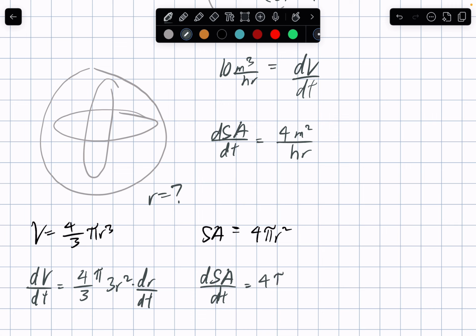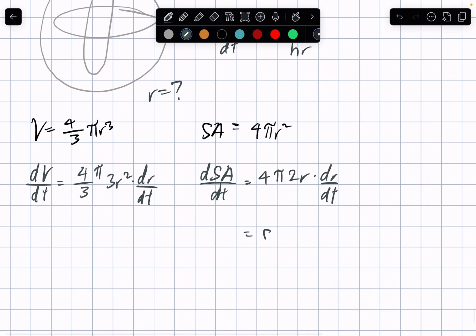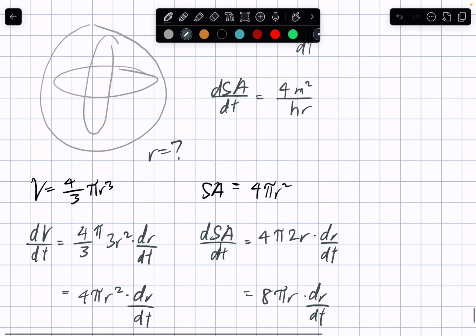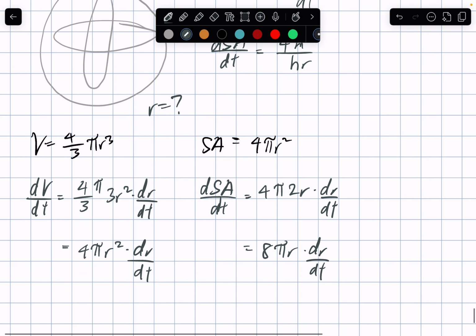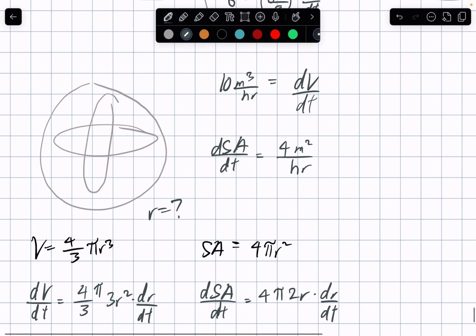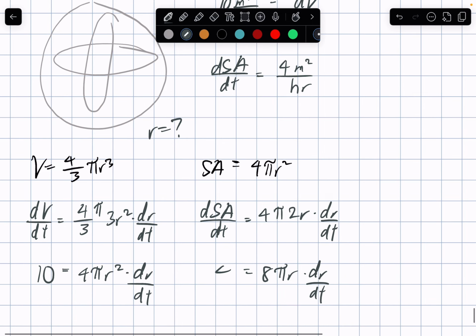So 4 pi 2r times dr over dt. This becomes 8 pi r dr over dt. This becomes 4 pi r squared dr over dt. What's next? This is equal to 10, right? And this one is equal to 4.